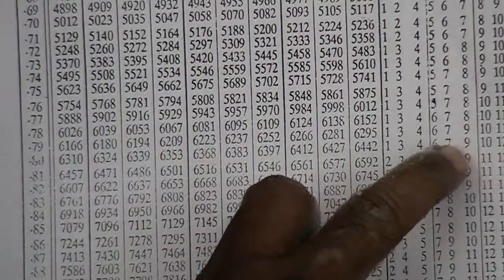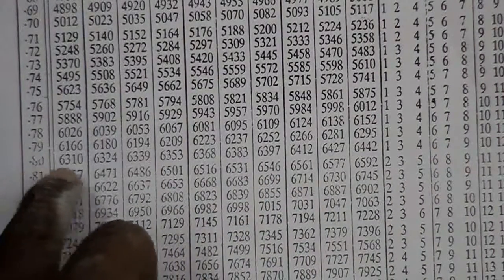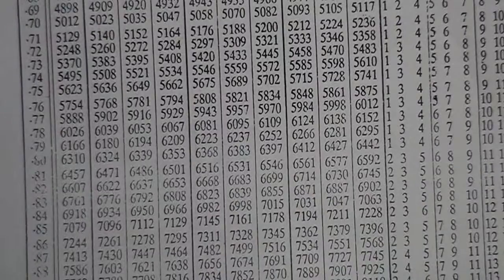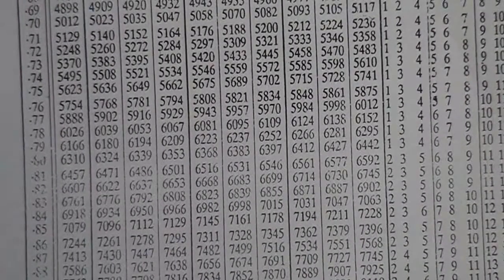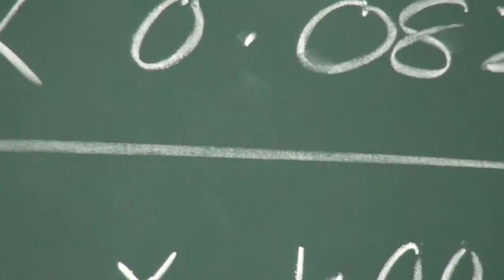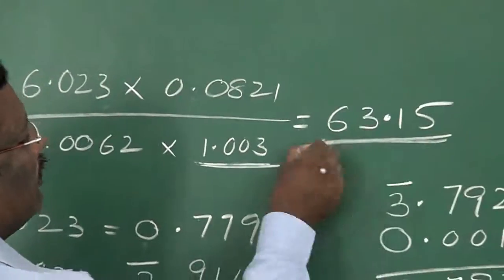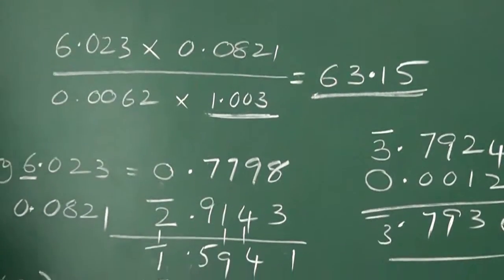So 6310 plus 5 is 6315. Here the characteristic is 1, so the answer is a 2-digit number, that is 63.15 is the answer for this problem.